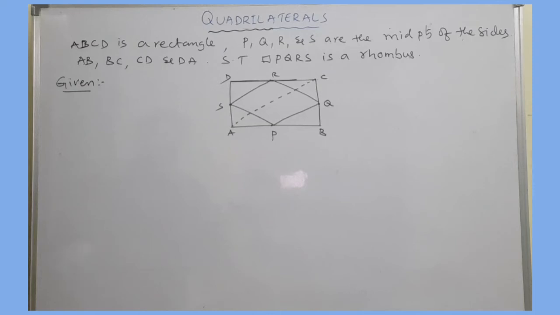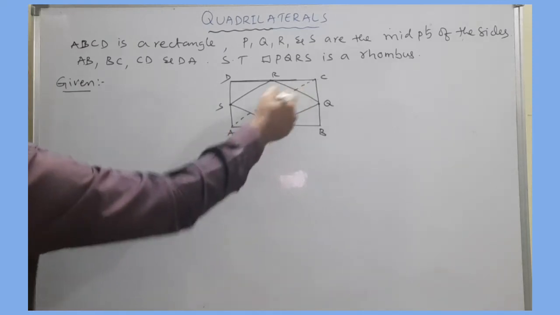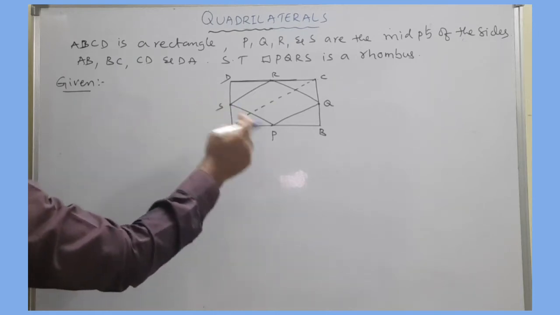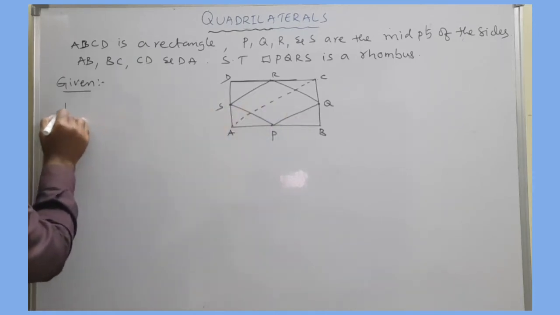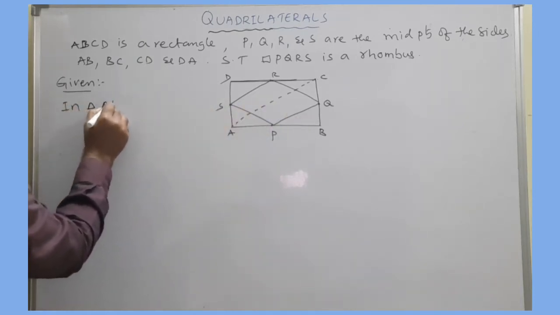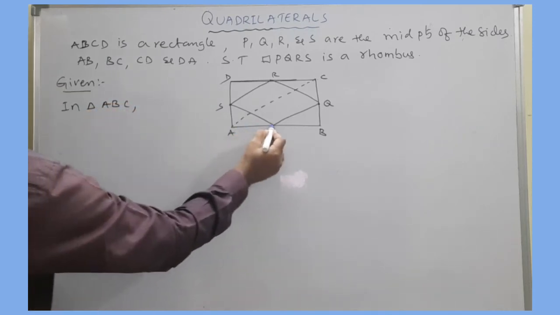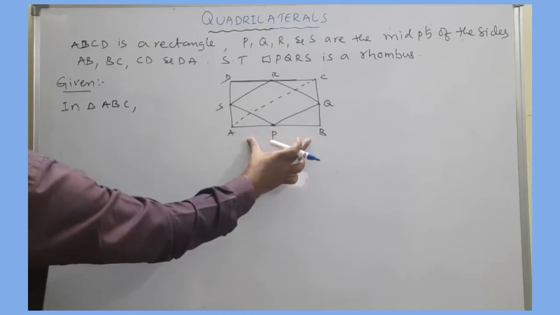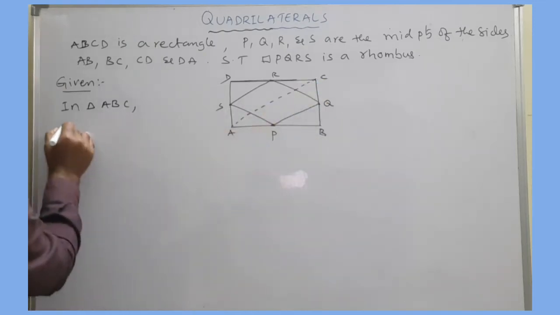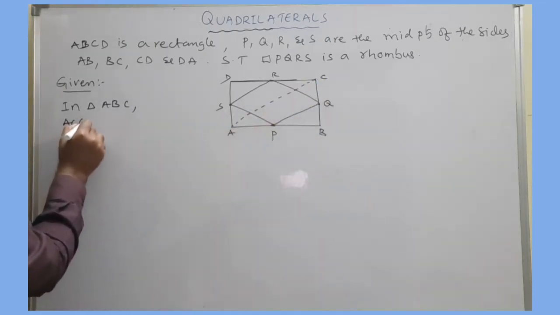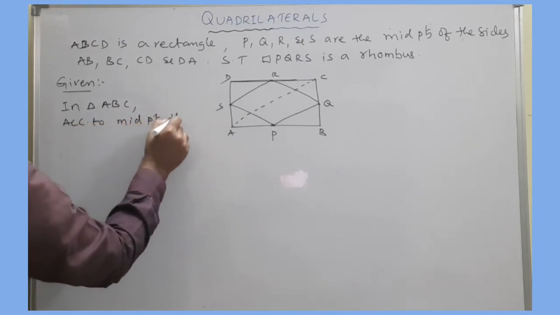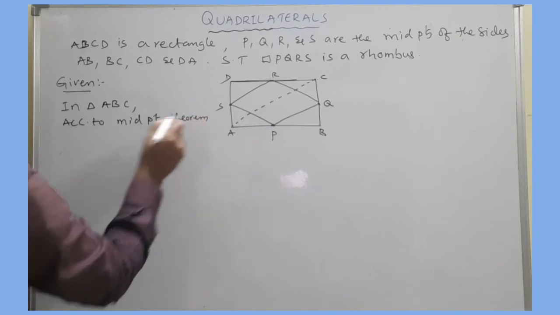So look here, in triangle ABC, after joining diagonal AC, P and Q are the midpoints of the two sides AB and BC. Then according to the midpoint theorem, do you remember the midpoint theorem of a triangle?